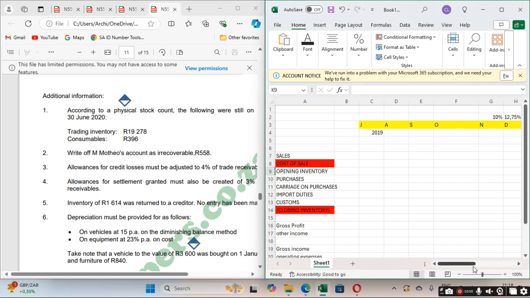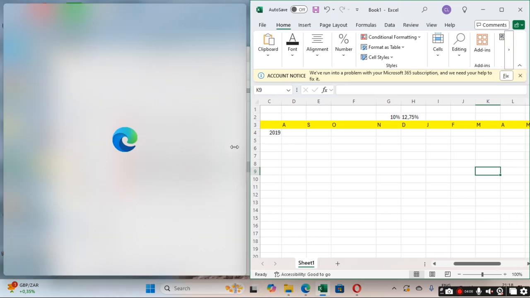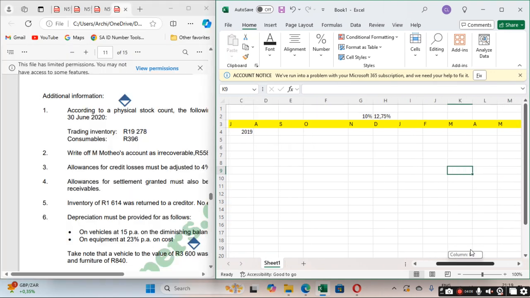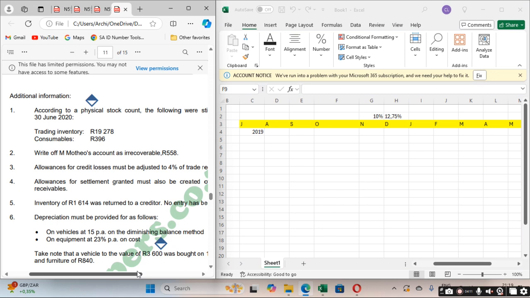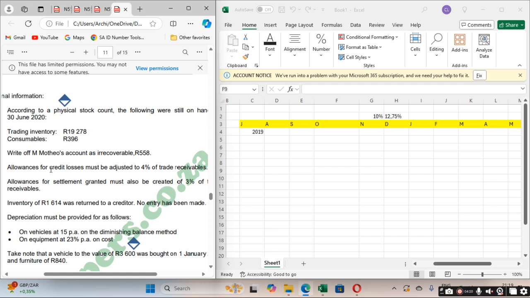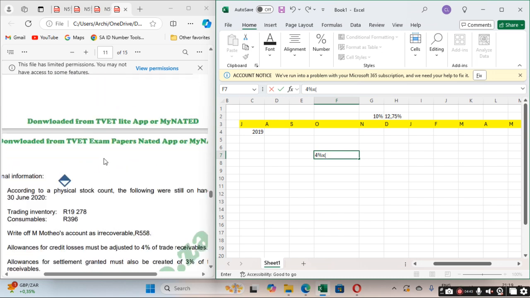Okay, so we're doing transaction number 3, allowances for credit losses must be adjusted to 4% of trade receivables. We all know what we do. We say 4% multiplied by open bracket trade receivables. What's our trade receivables?